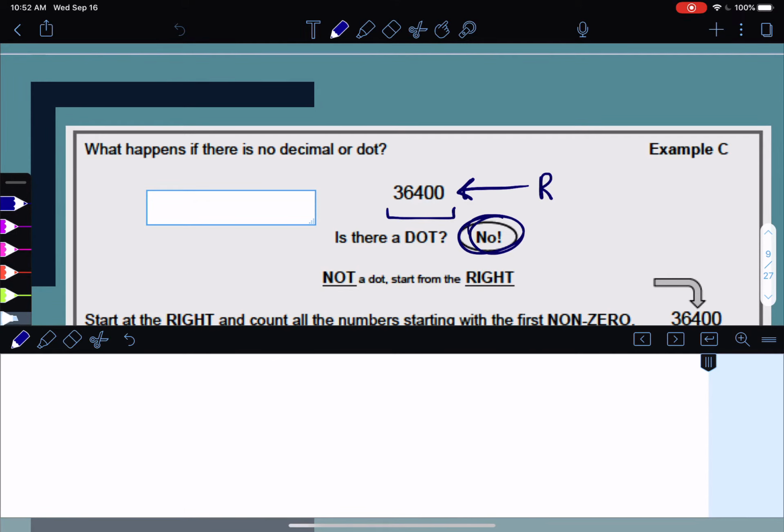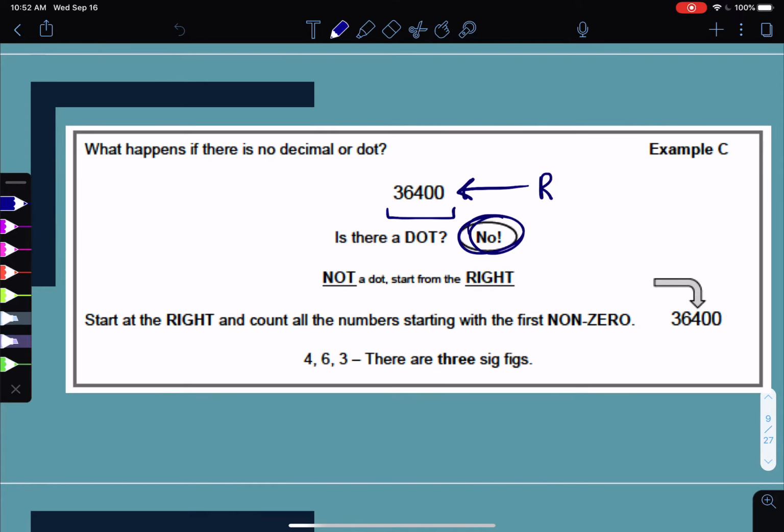Okay. All right. So it does not have one. So you take your right hand and you swipe across your face. So you're going to cover it up until you get to the first non-zero. So you're going to stop right there. Okay. So that means these are significant. There are 3 numbers there. 1, 2, 3. So you have 3 sig figs.